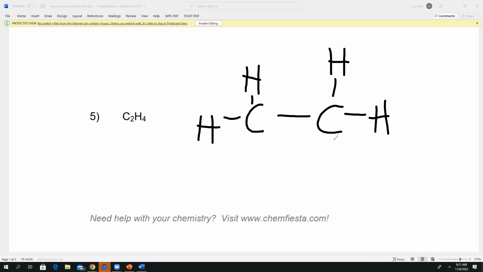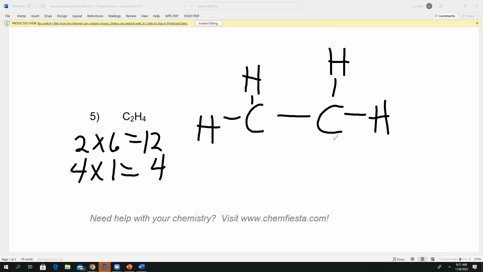And let's do the math too. So 2 carbons times 6 is 12. 4 hydrogens times 1 is 4, a total of 16. All right, out of which we've only used 2, 4, 6, 8, right?